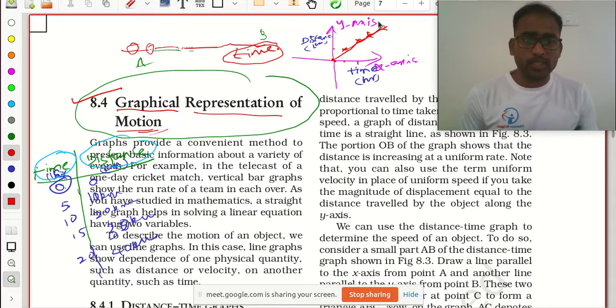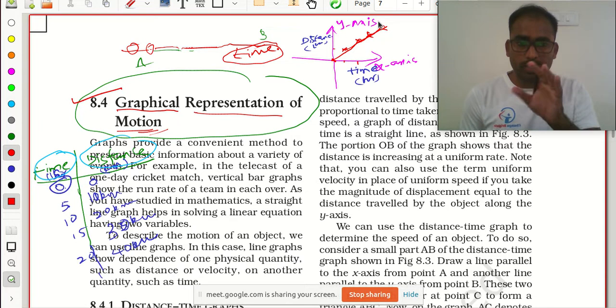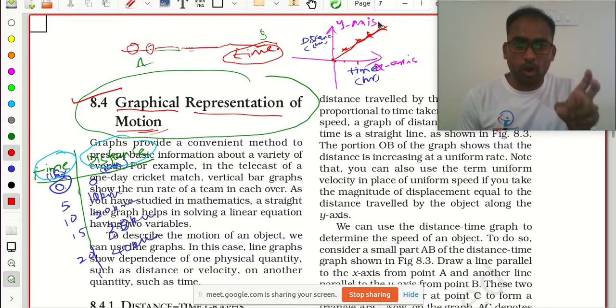And when you watch a cricket match, in between the match you get the analysis: in one over, how much he scored. That vertical bar graph is shown for each team and in each over how many runs are scored.